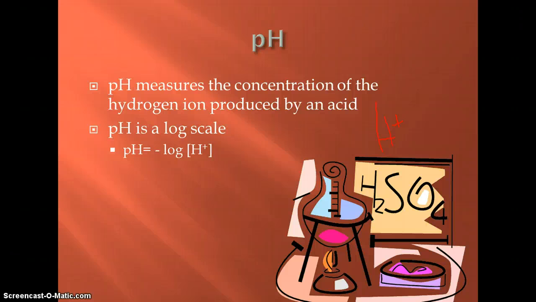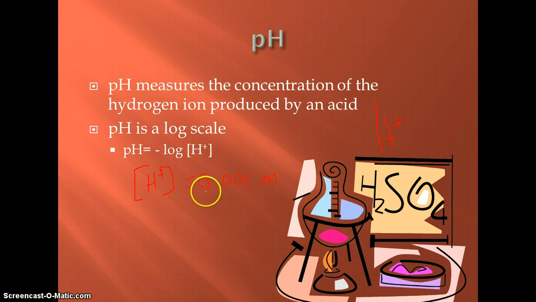So what I want you to do right now is try to find a calculator, and then practice one problem really quick with me. If the concentration of our hydrogen ion is 0.001 molar, what's the pH of the solution?